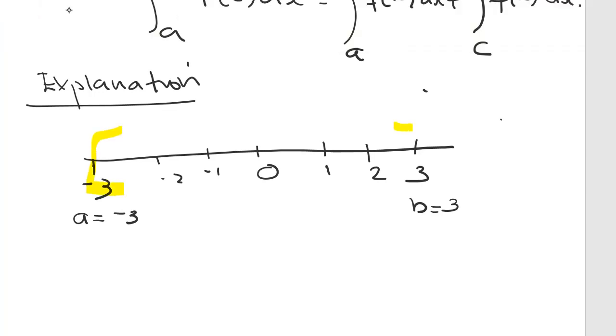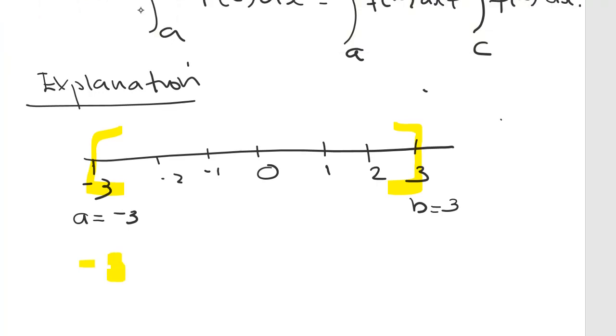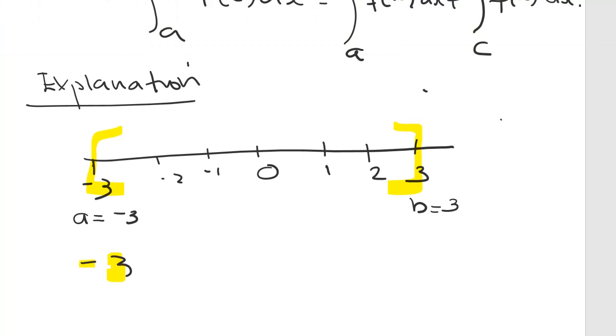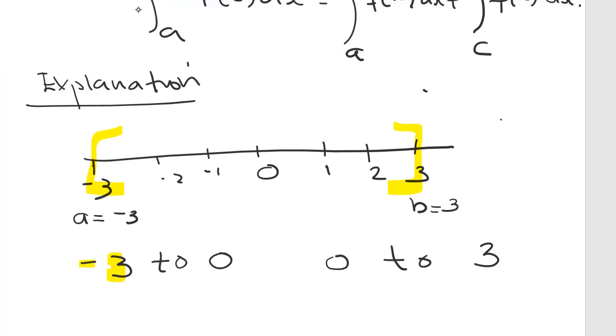As per this additive interval property, I can split this into two separate limits, that is, from -3 to 0, and then from 0 to 3.